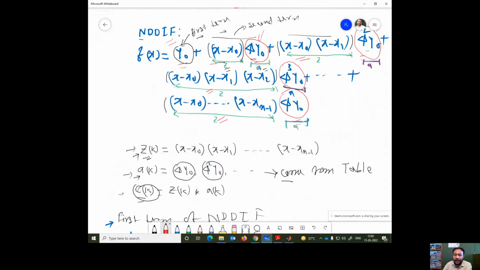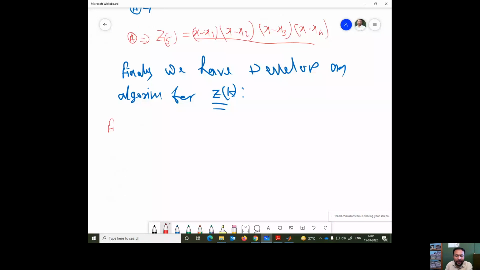It was y0. What is the algorithm? We have developed z1 is equal to 1, and c1 is equal to y1. So y1 means the first row, right?